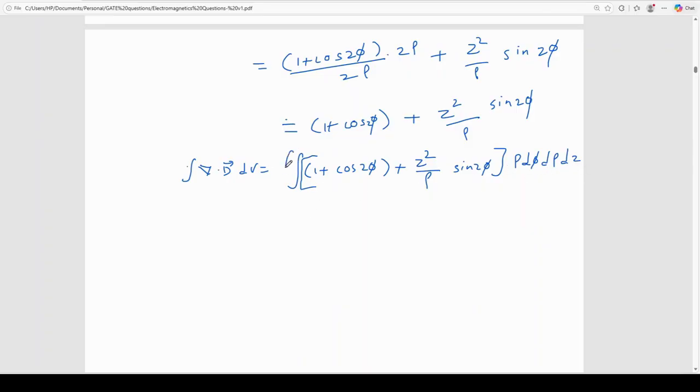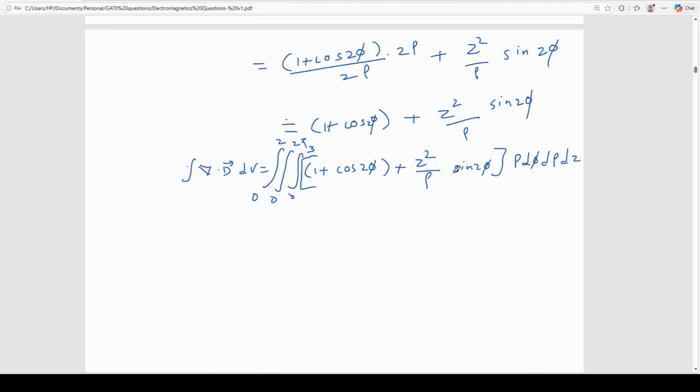We have three integrals: z is 0 to 2, phi is 0 to 2 pi, rho is 0 to 3.